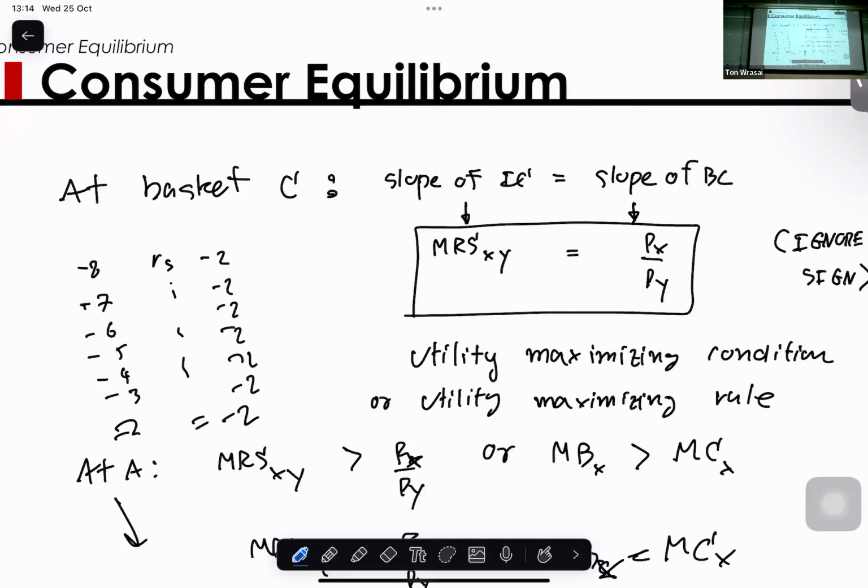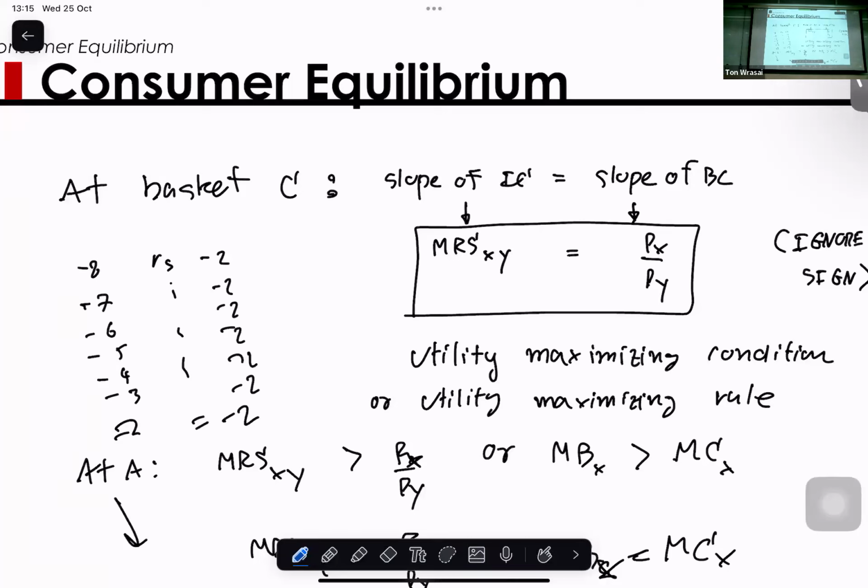What is MRS? Marginal rate of substitution. What is your nickname? Pear, P-E-A-R? Yes. What is MRS, Pear? Marginal rate of substitution. Yes.